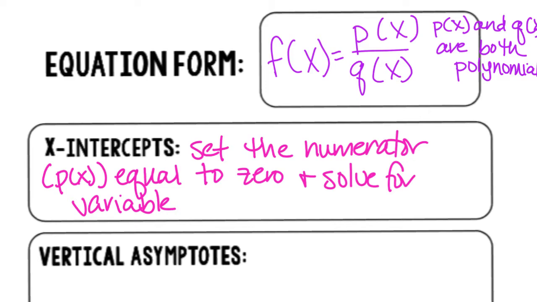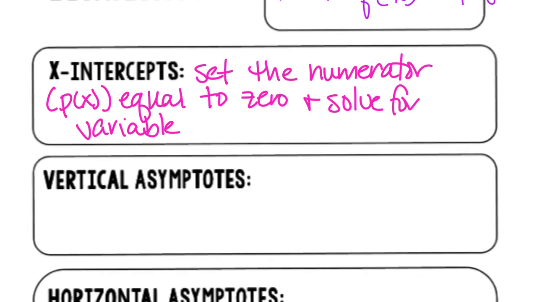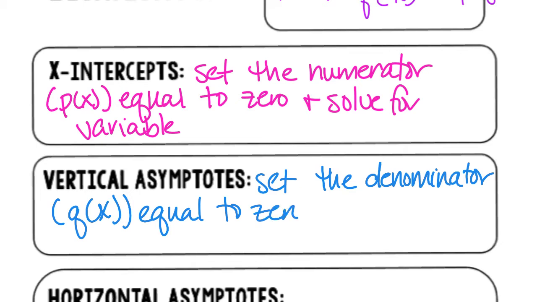We can also find vertical asymptotes pretty easily, and we find them by setting the denominator equal to 0, which here is q of x, and we solve for the variable.